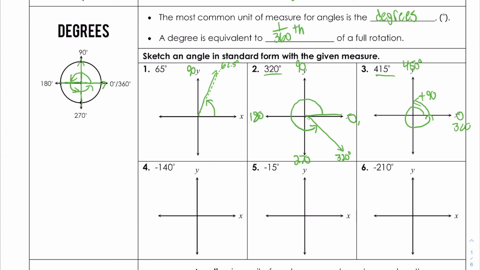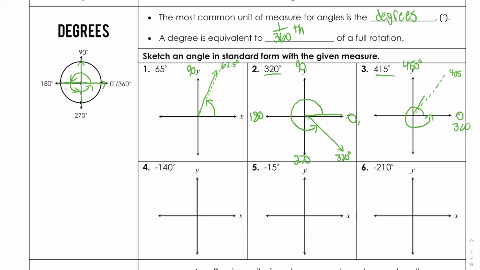So that's too far. Let's see if an extra 45 or half of 90 degrees is what we need. 360 plus 45 would be 405. And we're trying to get to 415, so we need to go 10 degrees further.